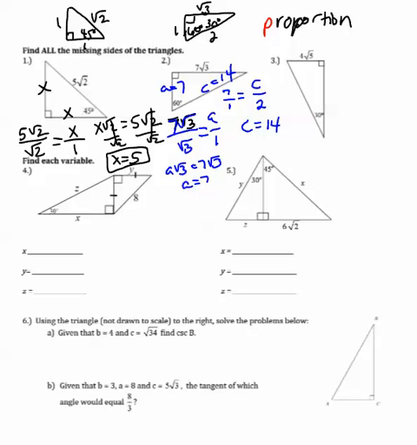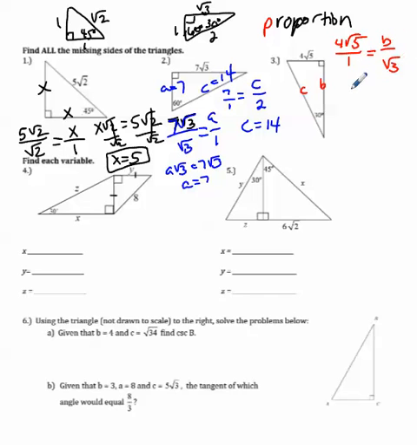I'm going to try again to change color, see how well that works. Now I have another 30, 60, 90, and my short leg is 4 root 5. The short leg in the parent triangle is 1. I'm going to find my long leg, which I'll call B, and I'll call the hypotenuse C. To find this long leg, I put B over the long leg here, which is root 3.